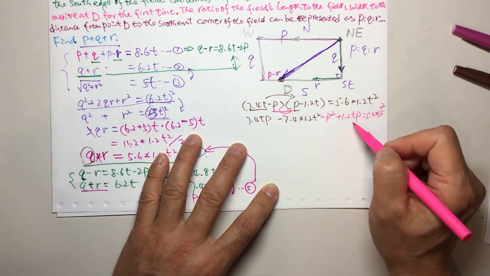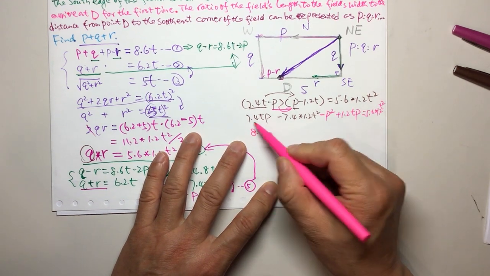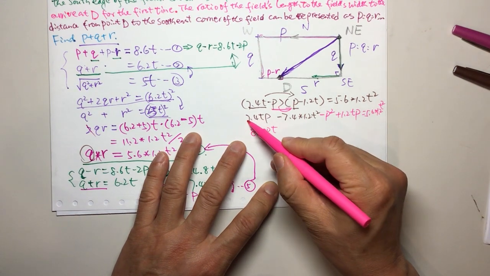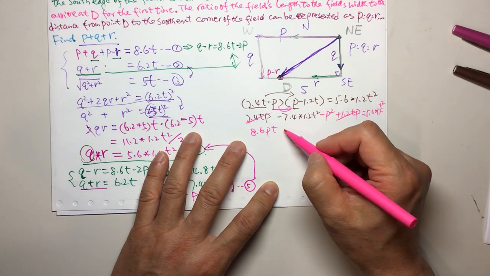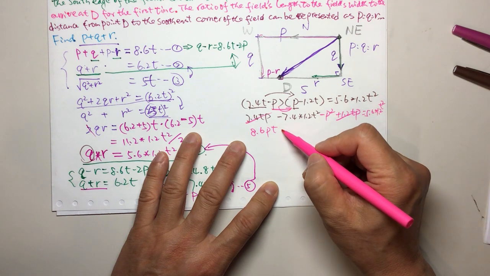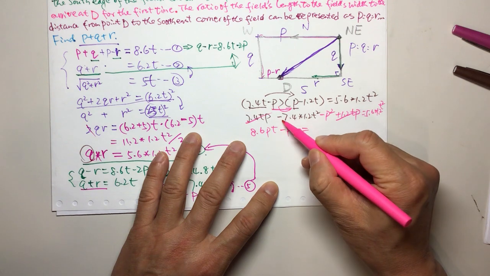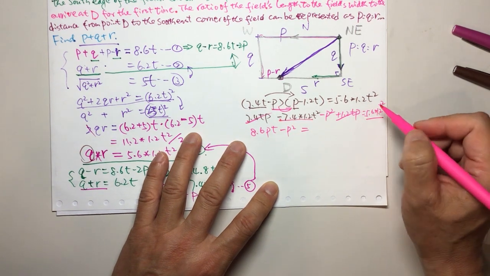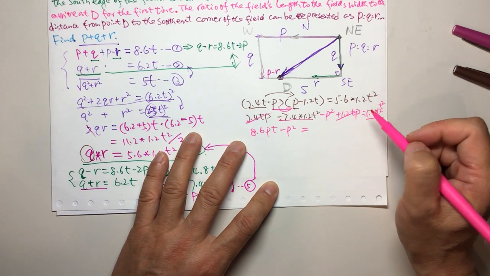And we just do some simplification. So it's 8.6PT, and minus P squared, and we can add this one to each side, so all of them times 1.2.